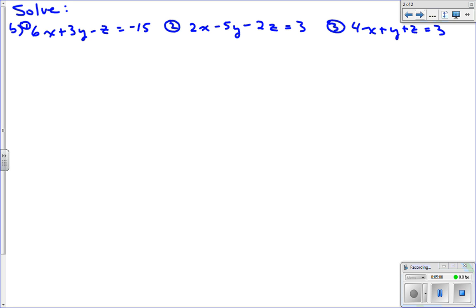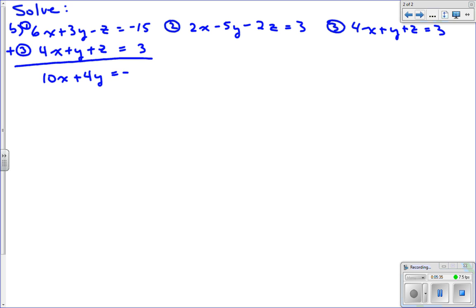So it's very easy for me to eliminate z using equation 1 and equation 3. So I'm adding those two equations together, and I have 10x plus 4y equals negative 12.